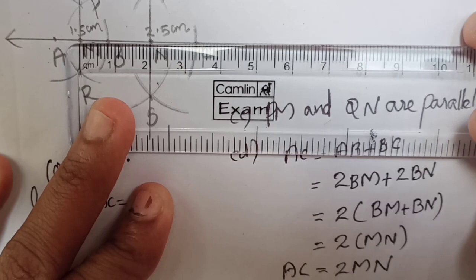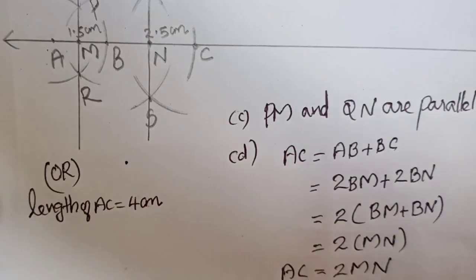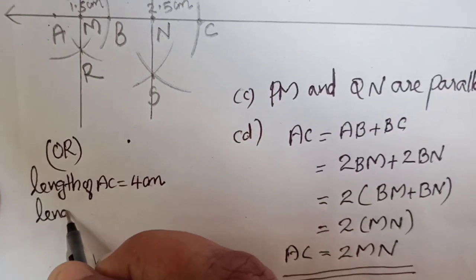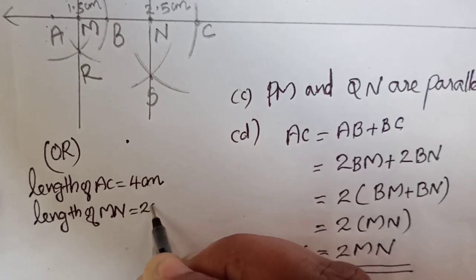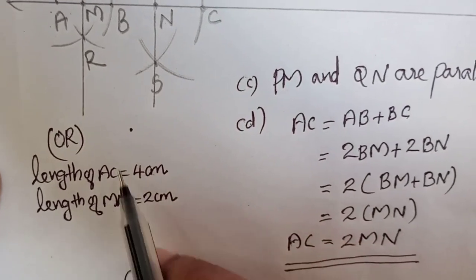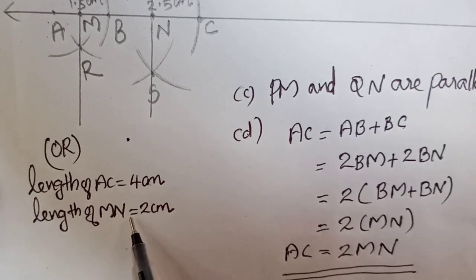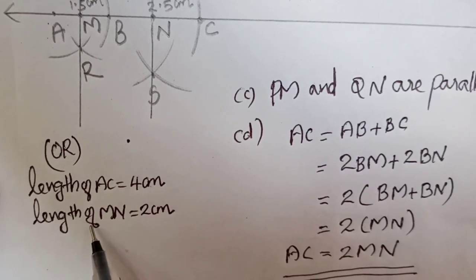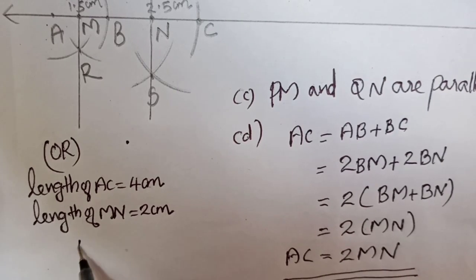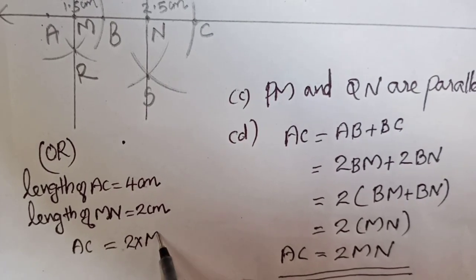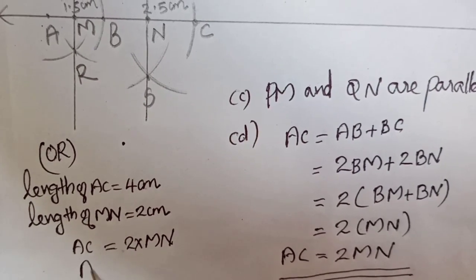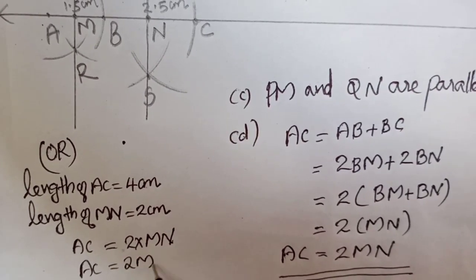MN is equal to 2 centimeter. So the length of AC is equal to 2 into the length of MN. So AC is equal to 2MN. This is one more way.